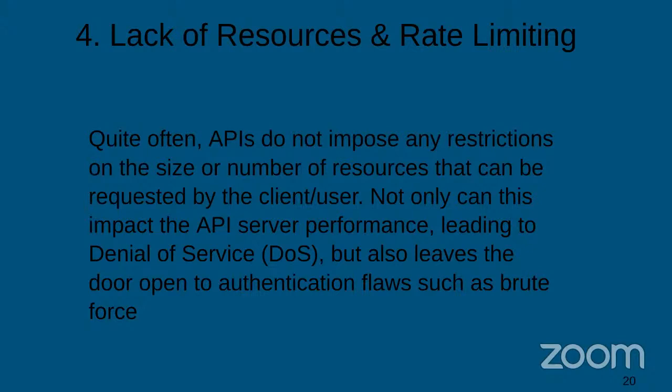You might request even a million users. For instance, you can check the free APIs, like the Typicode and the random API. They don't have any limitation on the number of requests that you're making. So this is one thing that can end up causing an issue to the performance of the API server.